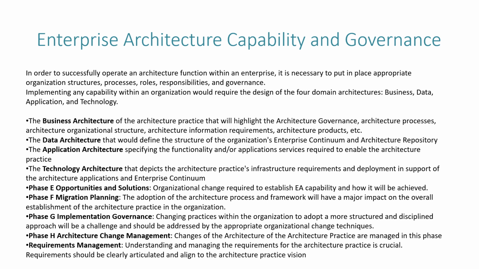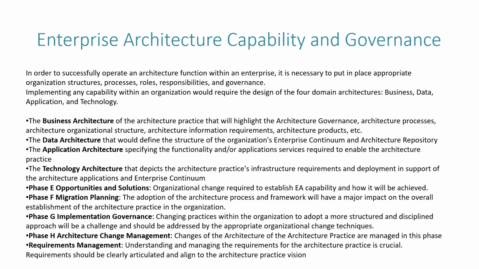That will highlight the architecture governance, architecture processes, organization structure, architecture information requirements, etc. Data architecture will define the structure of the enterprise continuum and architecture repository. Application architecture will specify the functionality and application services required for the EA practice.